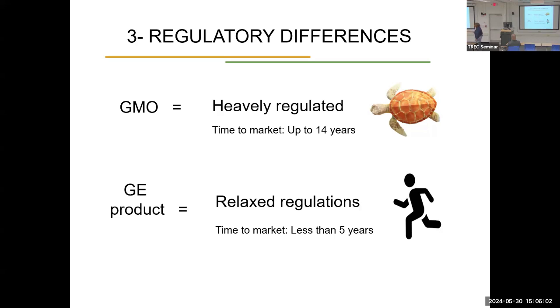It will take 14 years as a time frame for genetically modified organisms or plants to reach the market. Whereas for a GE product, the regulation is a bit relaxed. So the product will reach the market in less than 5 years. It is simpler and easier to create the gene-edited product as compared to genetically modified organisms.